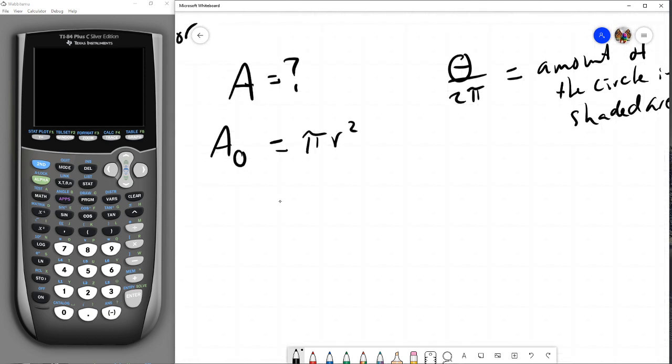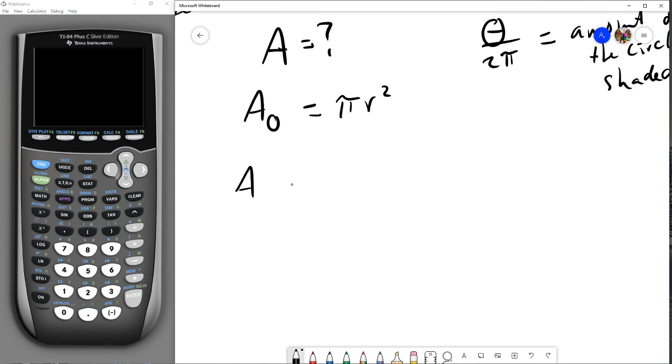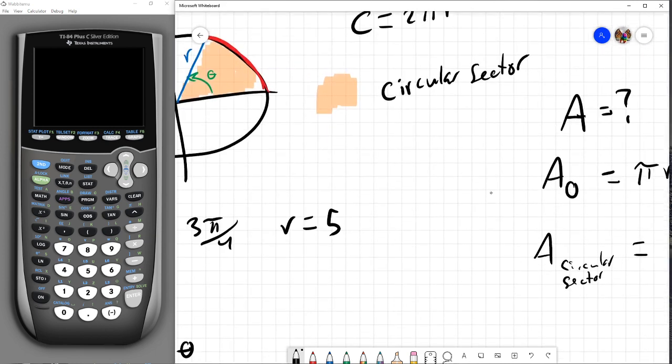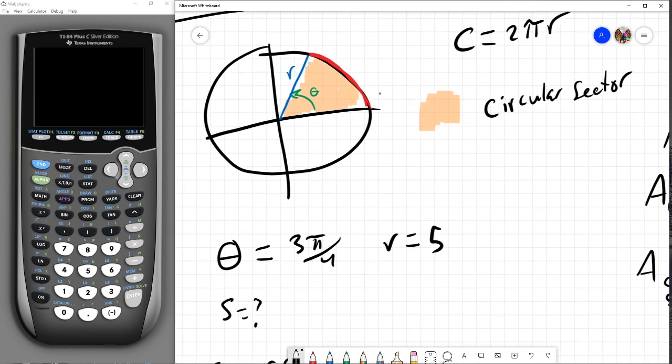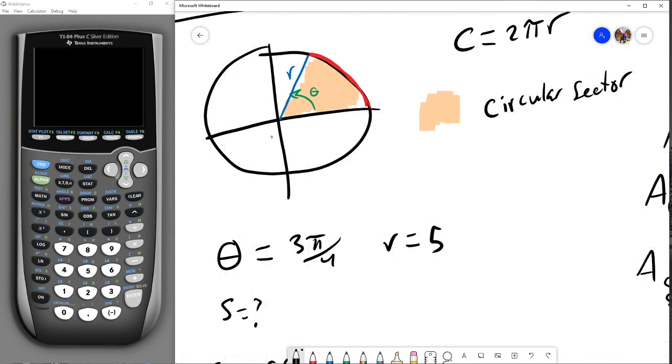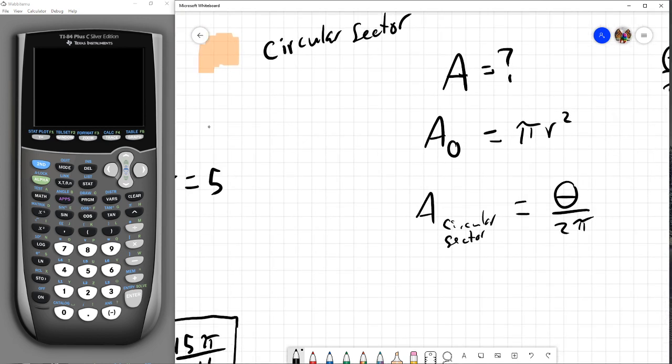So if we want to know the area of the circular sector, that's a gross subscript, but we'll run with it. The area of the circular sector then is going to be theta over 2 pi. So this tells us the percentage, right? So that is how much of the area is this. And since we're concerned with the area of the entire circle but only the small part, if we multiply this percentage by the overall area, then we'll get our area of the shaded region.